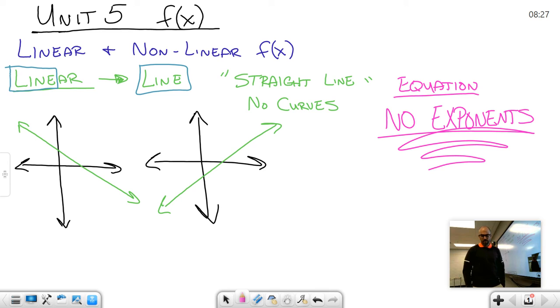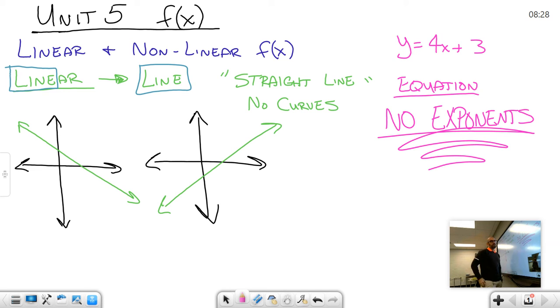You might ask, what do you mean, Mr. Reed, no exponents? Well, the equation will look like this: y equals 4x plus 3. See any exponents there? No, there are no exponents. It's just y equals 4x. There's no exponent up here on the x. y equals 4x plus 3.